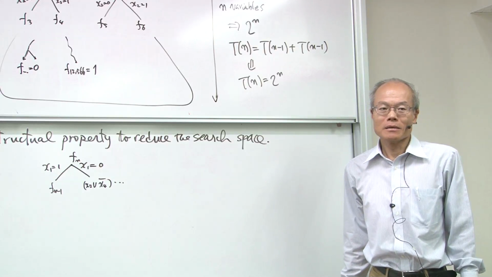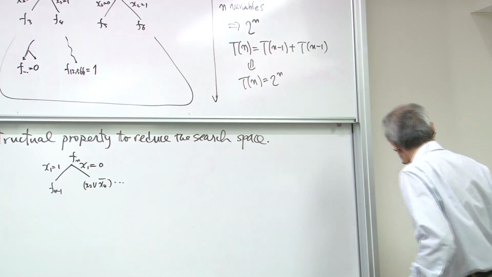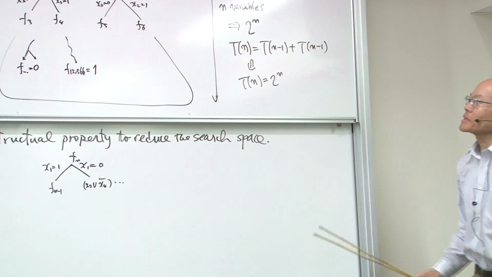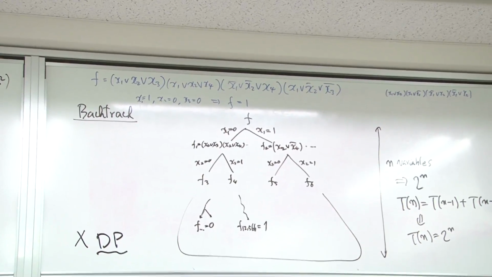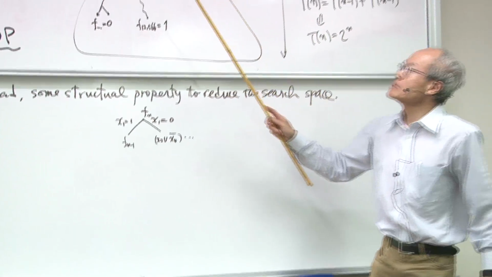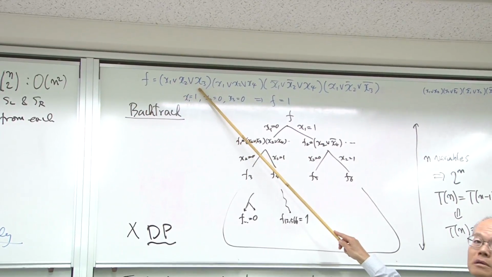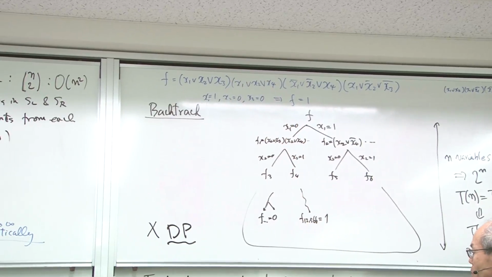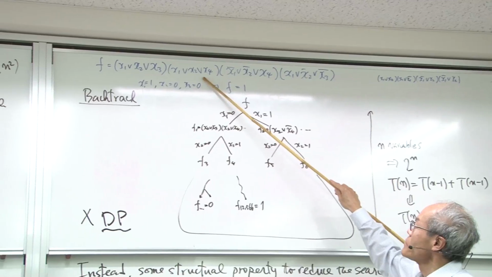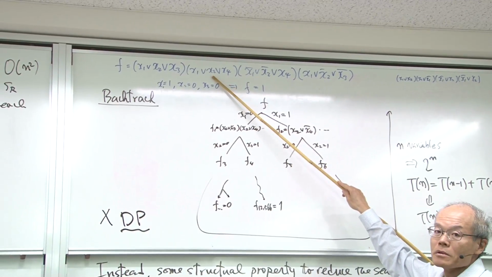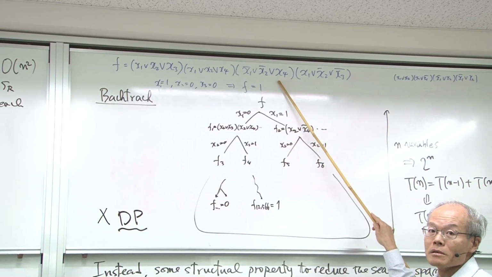Why? Because look at this formula again. Now x1 is equal to 0. So this clause becomes a clause of size 2, looks like this. And also this one becomes size 2. And this one disappears.